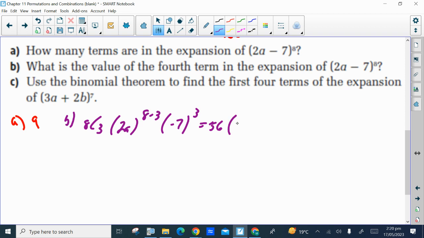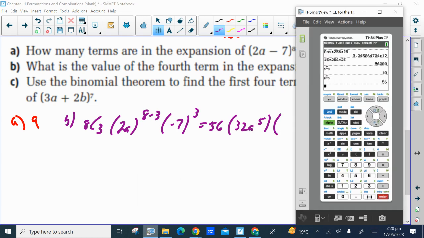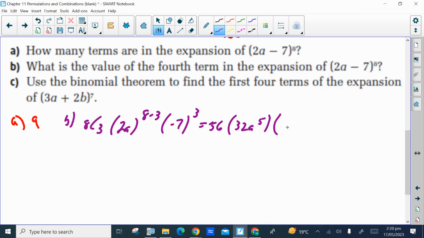Well, 2 to the fifth is 32, a to the fifth, times negative 7 all cubed, which will be negative 343.